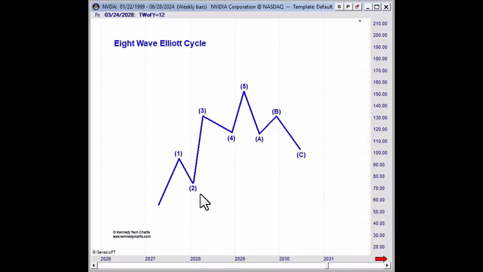Now, as far as wave 2, I don't trade wave 2. Let me put some context to that, the idea of trading counter-trend moves. If this is an intraday or daily price chart where wave 2 could last 3 to 5 days or maybe even 3 to 5 weeks, I really don't mess around with trying to trade the intricacies of a corrective structure.